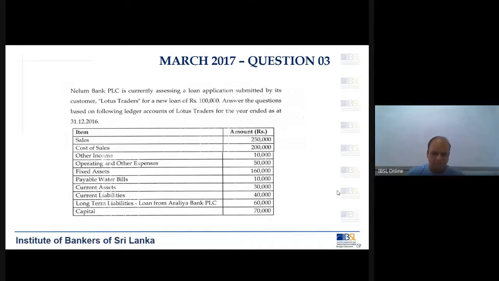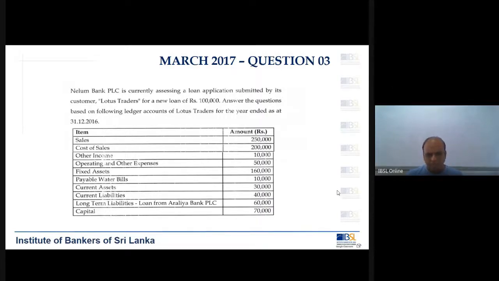Payable water bills. Now here comes the question. This is what part 3 is. So payable water bills is what? That is a liability. Now payable means it's a liability where you have an obligation to pay.